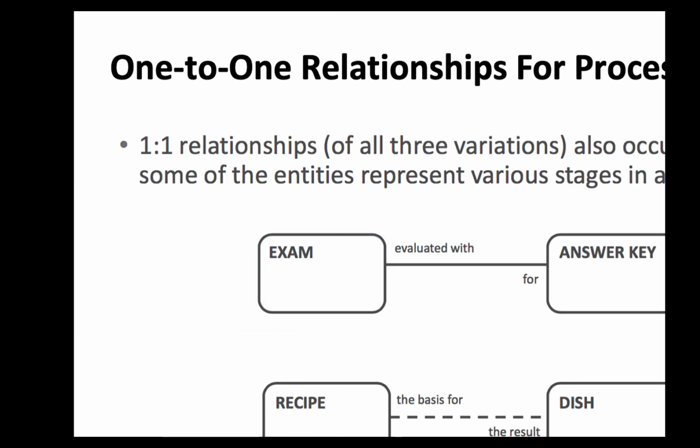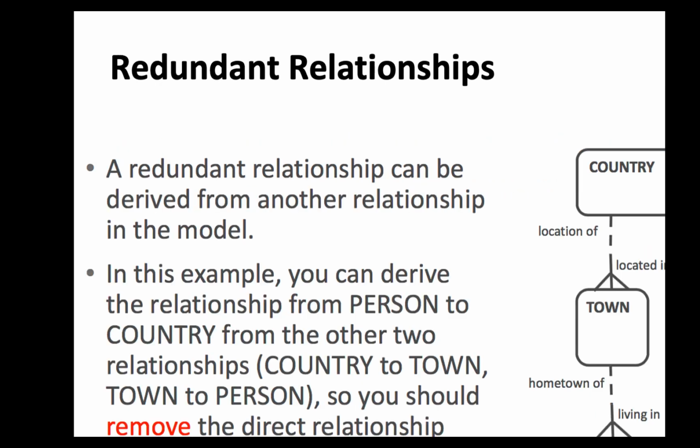Some other examples could be exam and answer key. Obviously, if we have one exam, it would have one answer key. The same is the case with recipe and dish. There are some relationships which could be redundant.